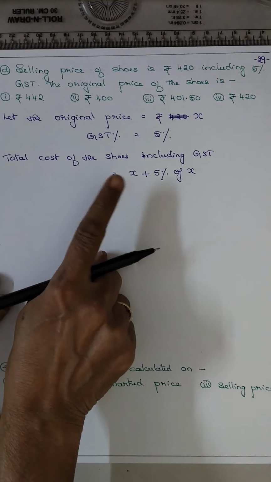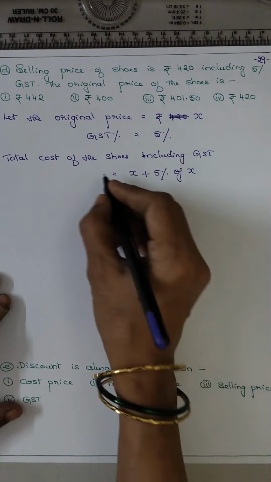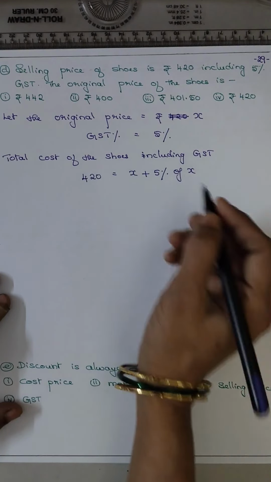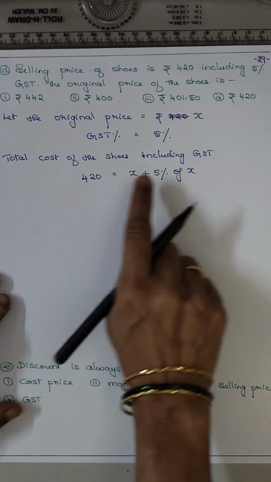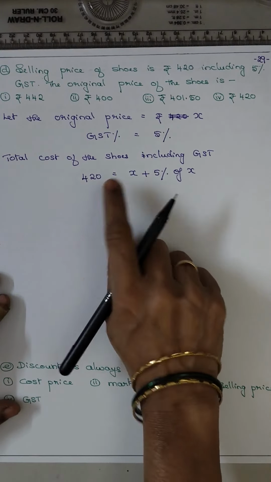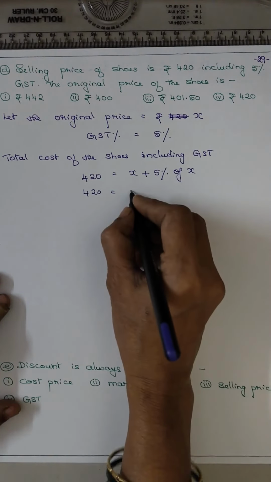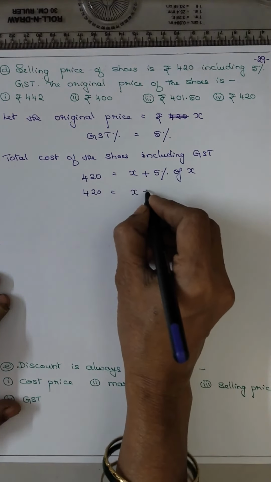Original is X. For that you have to add 5% of X. But after including GST, it is 420. So 420 is equal to X plus 5% of X. So 420 is equal to X plus 5 upon 100 into X. That is 5 ones are 5, 5 twenties are 100.